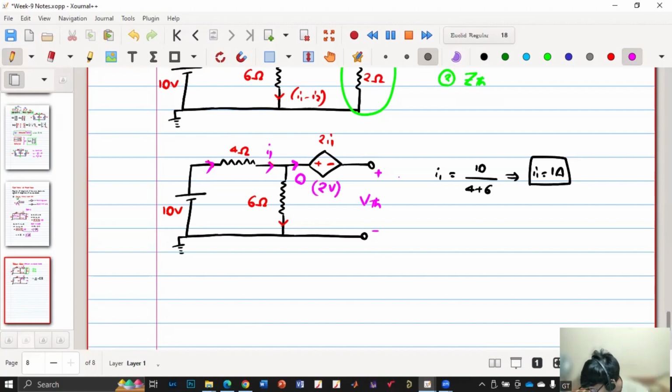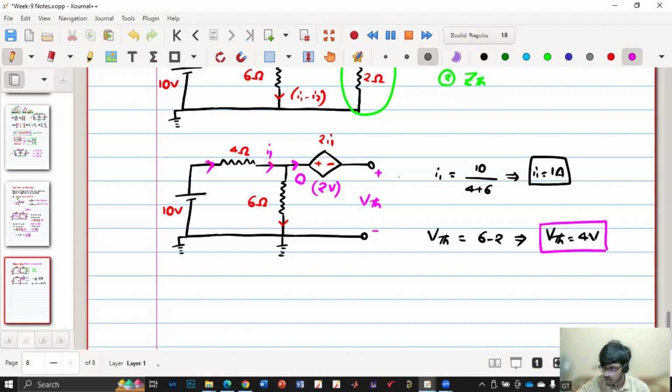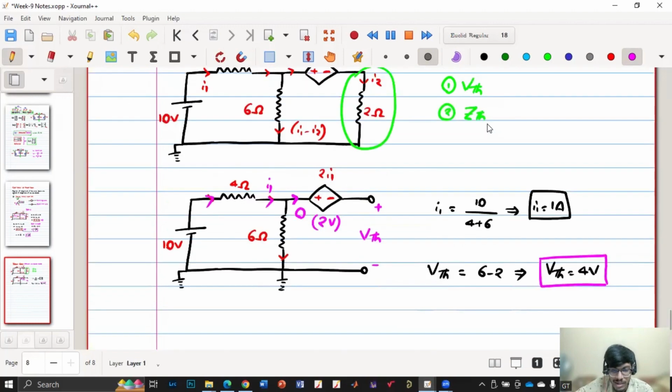And what is my VTH? 4 volts, which is 6 minus 2. So VTH is 4 volts. There is no issue there. The issue is with the Thevenin impedance.